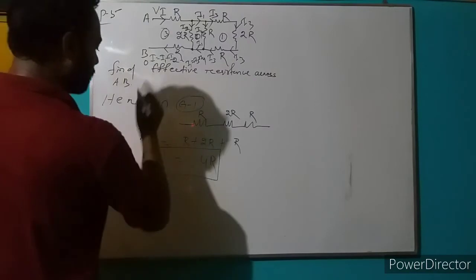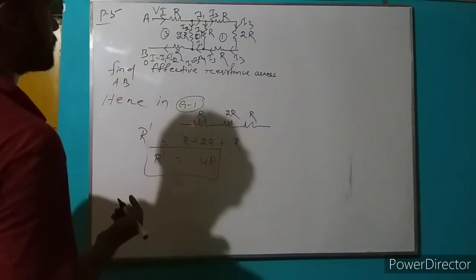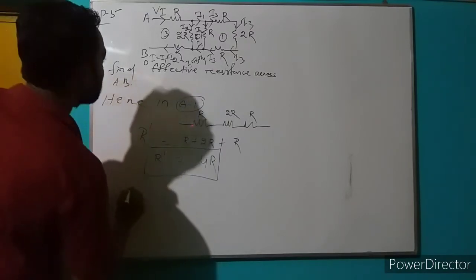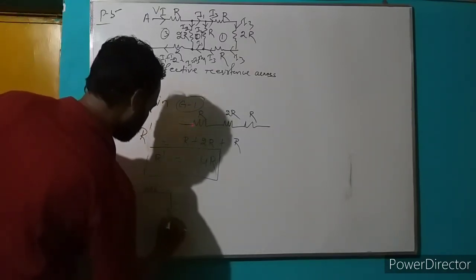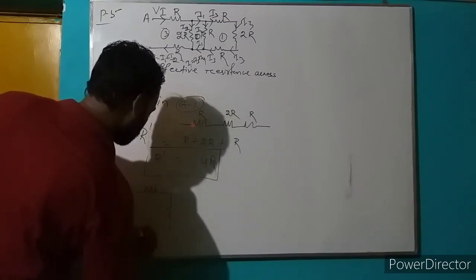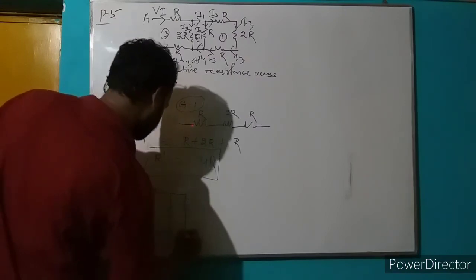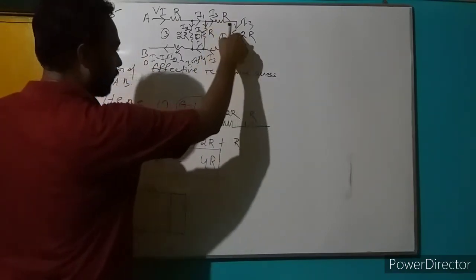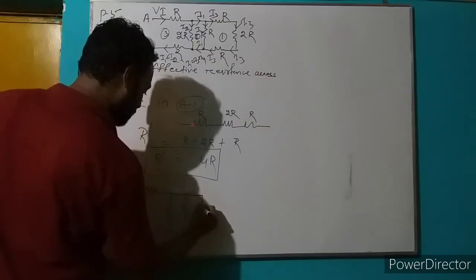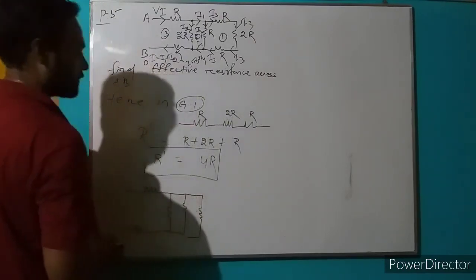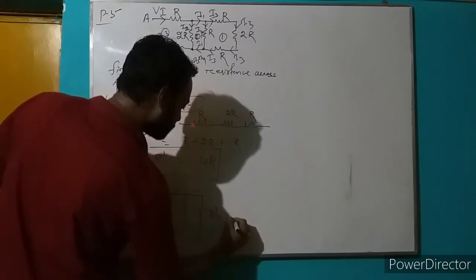Now draw the diagram. If we draw the diagram, this one, also this one, similarly this one, and that whole thing represents a single resistor, that is the effective resistance. This one represents R prime, which is equal to 4R.